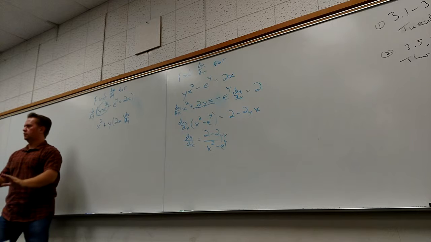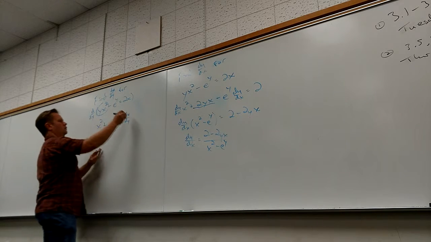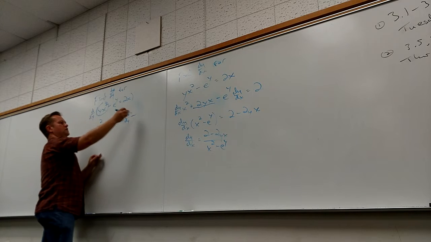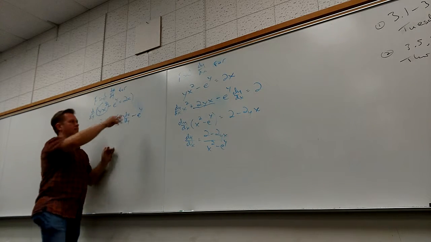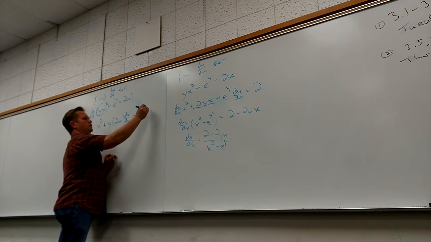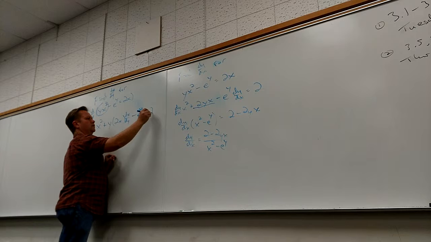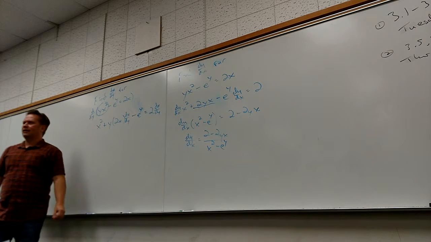Exactly the same way. What's the derivative of this now? E to the y. Done. Because y is just y. Equals, the derivative of this is going to be 2 dx/dy.